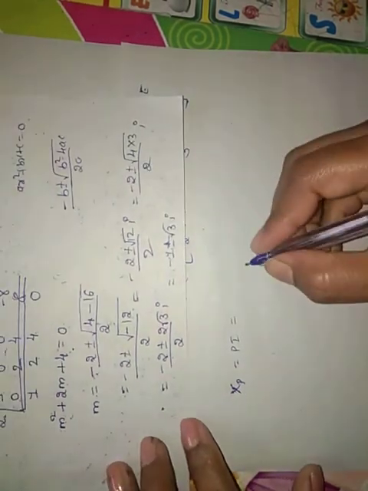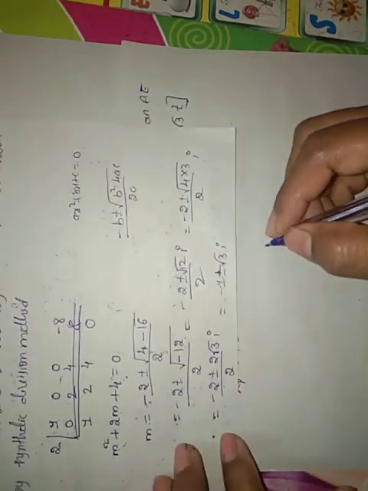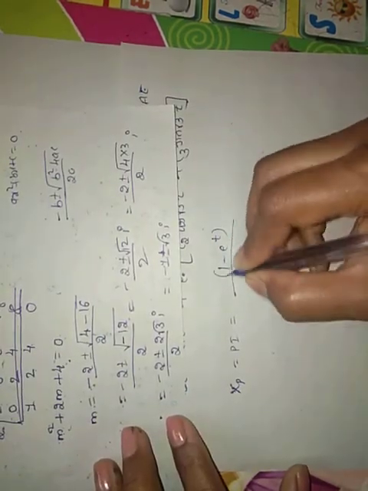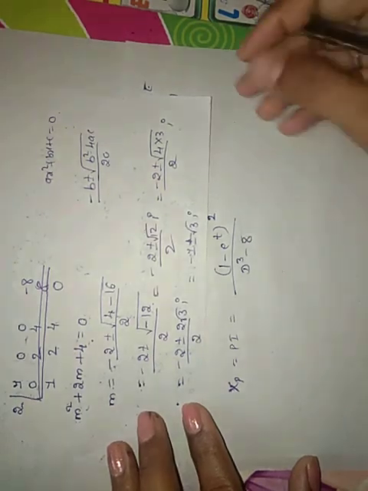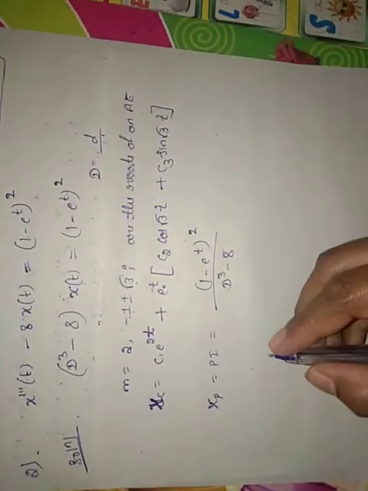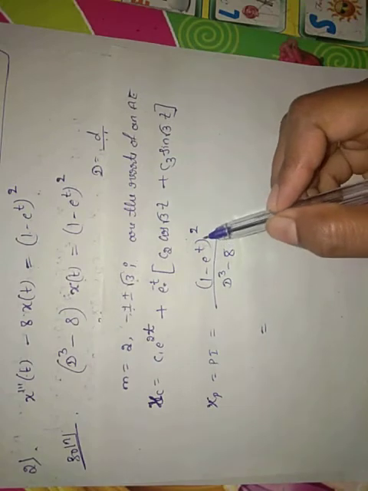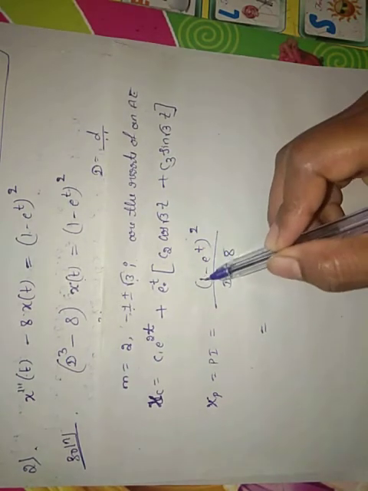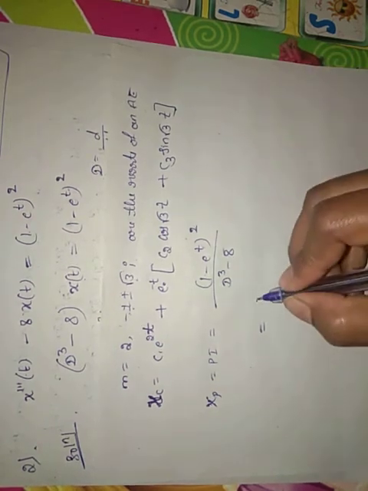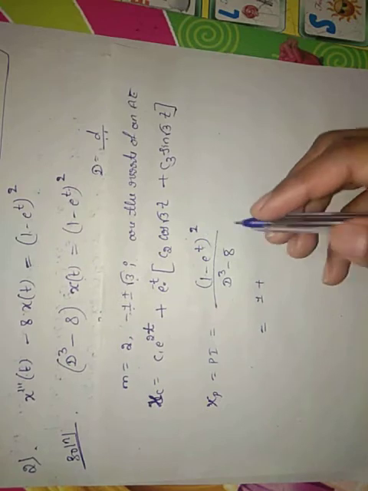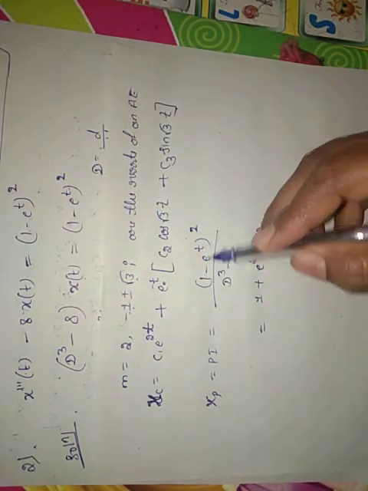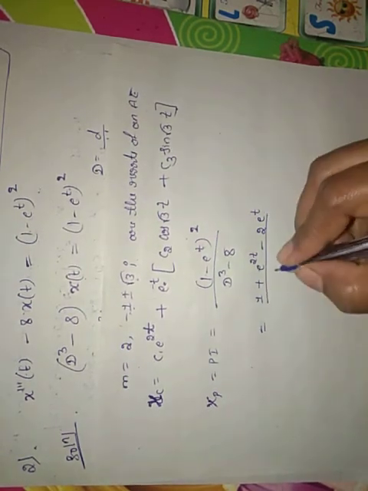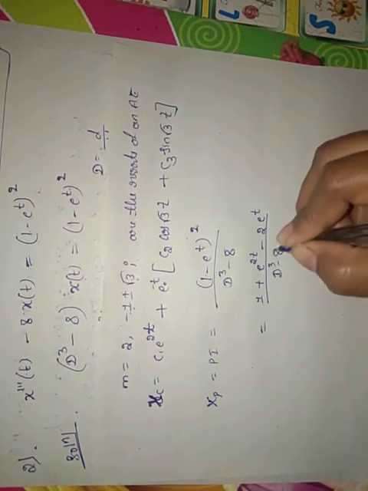Our particular integral is equal to function of t divided by f of D. So our function is 1 minus e raised to t whole square, divided by f of D. First I am going to open the numerator. 1 minus e raised to t whole square, using (a minus b) whole square, is a square plus b square minus 2ab, that is 1 plus e raised to 2t minus 2 into e raised to t, divided by D cube minus 8.